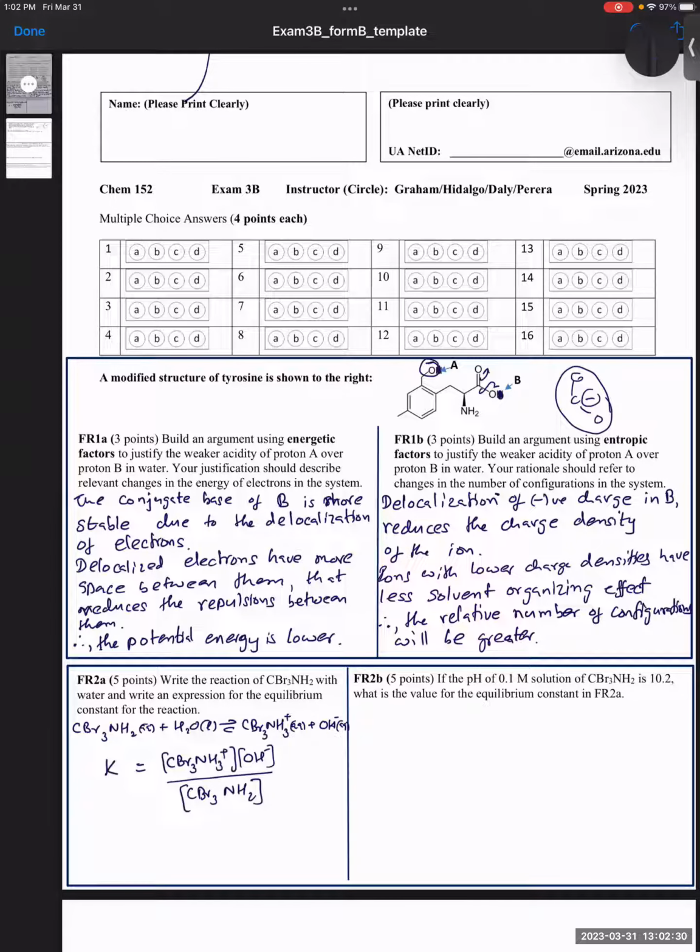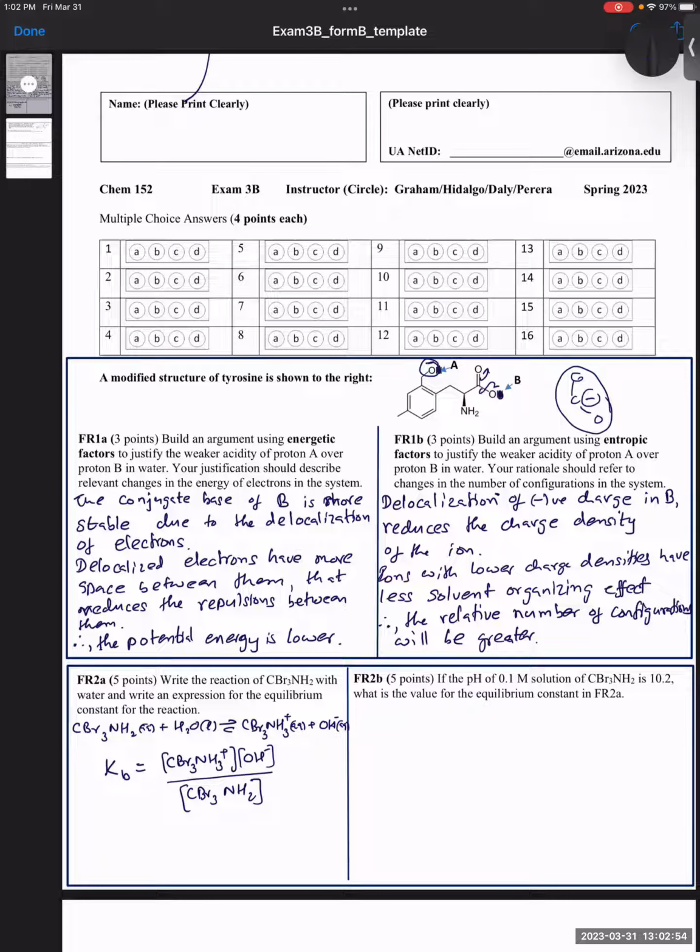Products over reactants. And because we're talking about base dissociation, because this is a base reaction with water, this is also called the Kb, or the base dissociation constant. If the pH of a 0.1 molar solution of this molecule is 10.2, what is the value of the equilibrium constant?